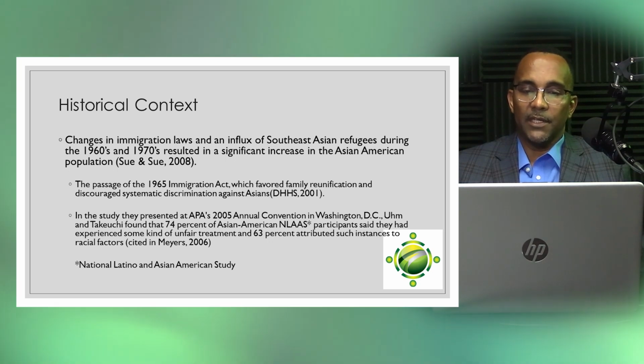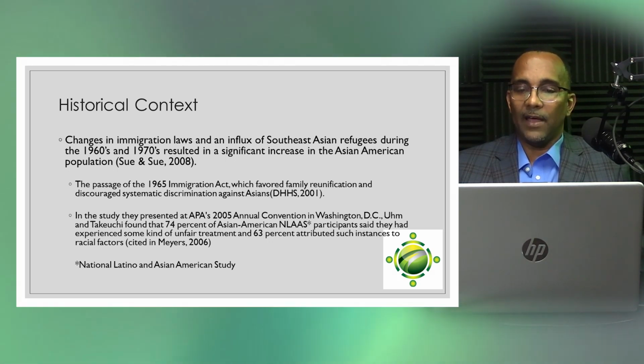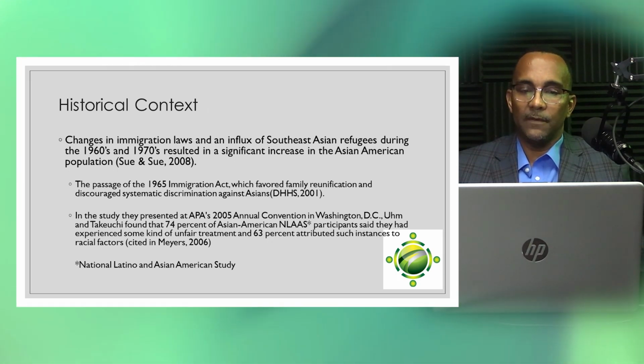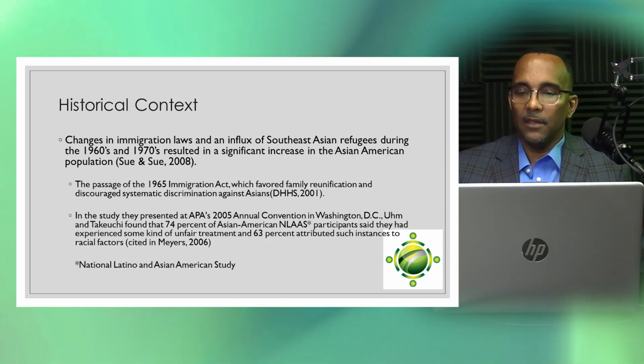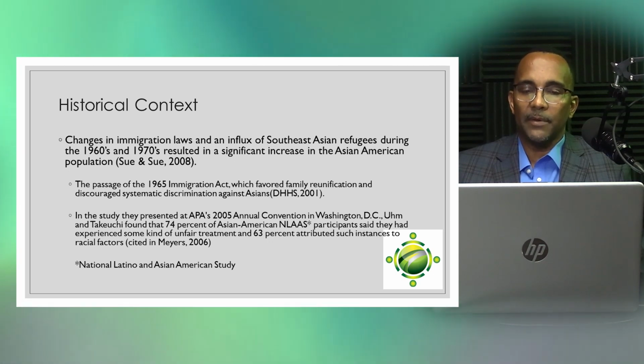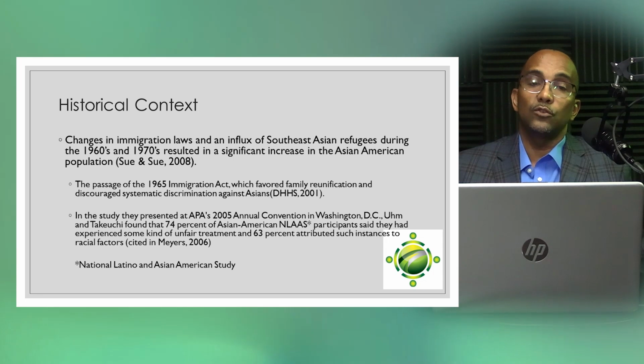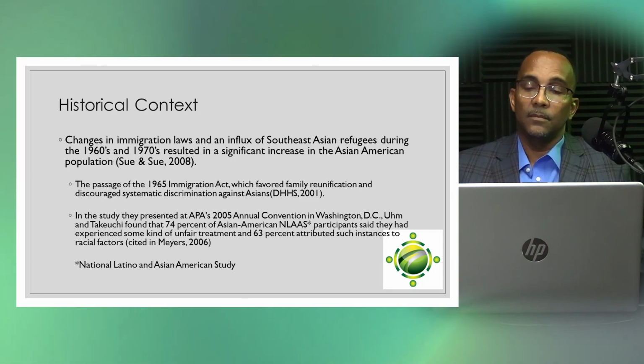There was a study presented at APA's 2005 annual convention in Washington, D.C., where the researchers found that 74% of Asian Americans in the National Latino and Asian American Study participants said they had experienced some kind of unfair treatment, and 63% attributed such instances to racial factors.